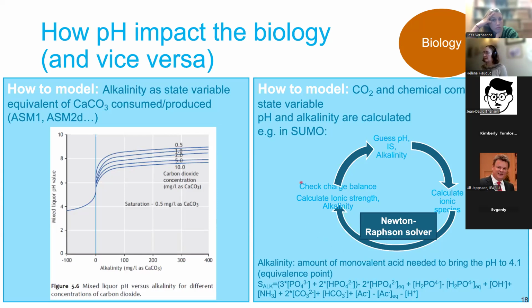And then we check if the charge balance is satisfied or not. And eventually we have to reevaluate the pH. And this is how the pH is solved. So at each time step, we solve everything that should be at equilibrium, so all the fast acid-base reactions, especially.